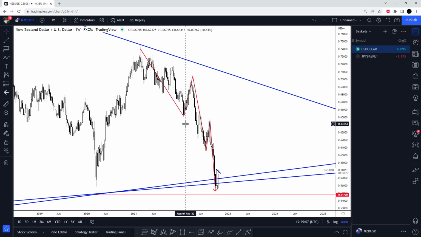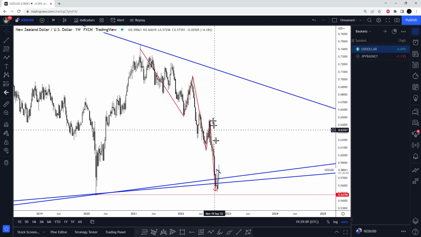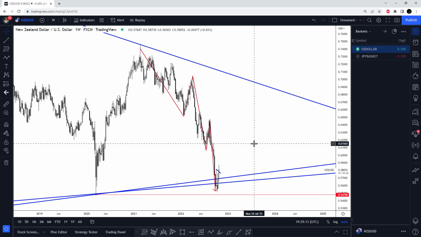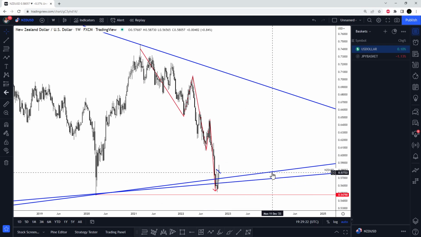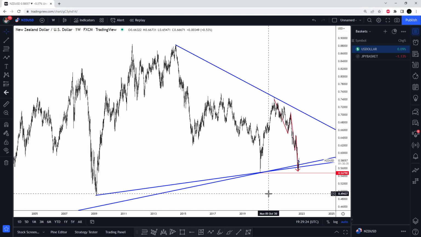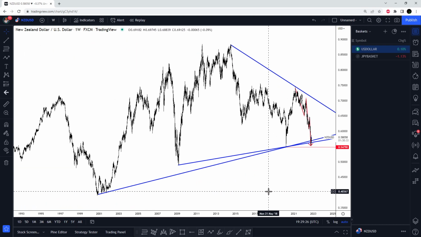When there's less and less time during the waves, eventually you come into an oversold situation like here, and then the bounce is usually quite aggressive. So that's how I would play the US dollar, comparing different pairs.